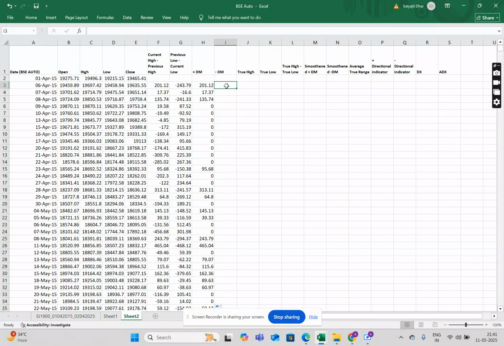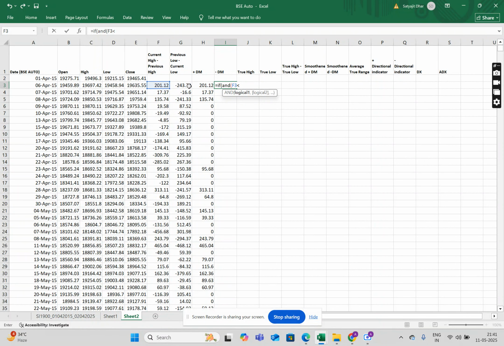Now minus DM. It shows that if previous low minus current low is greater than current high minus previous high, then it will yield previous low minus current low, given previous low minus current low is positive, or else we get a 0. Again we give an IF function, then an AND function. Here current high minus previous high will be less than previous low minus current low.